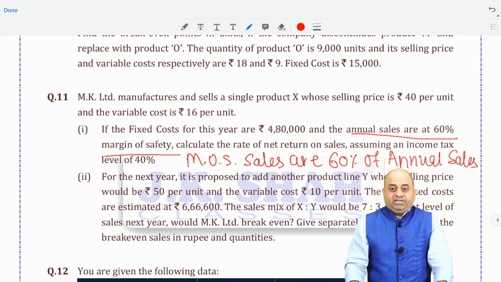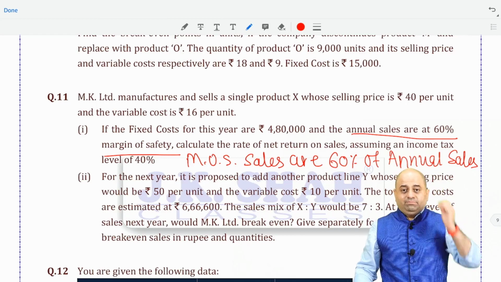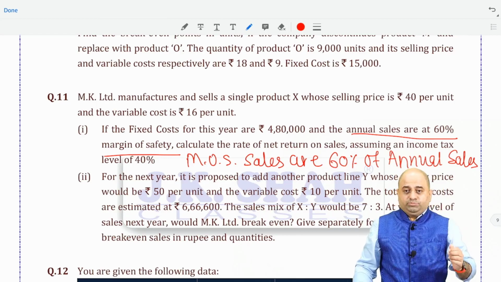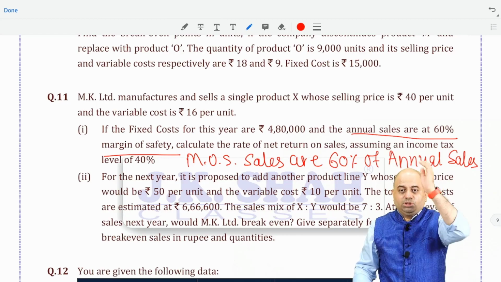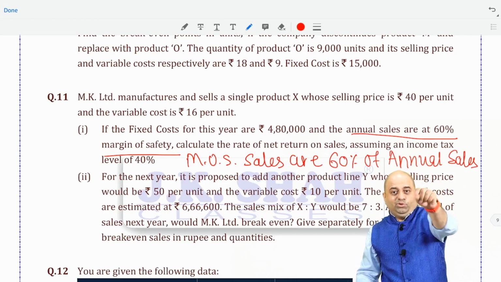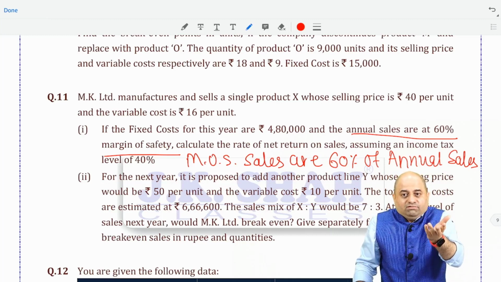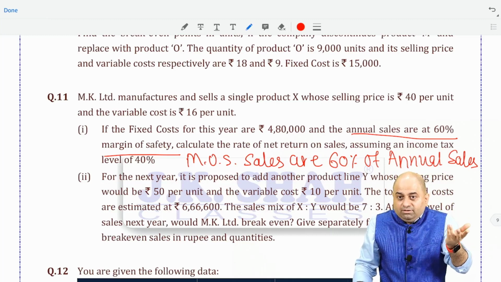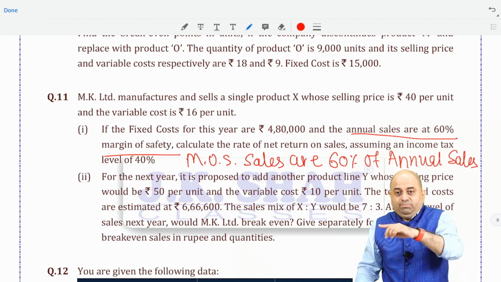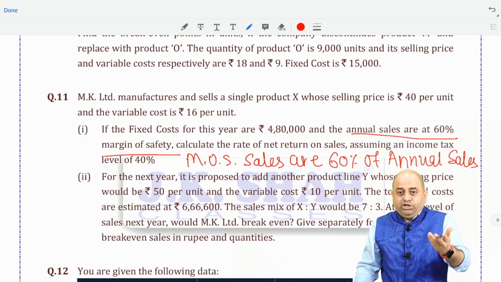So a pretty simple way to solve this. You are given selling price per unit, you are given variable cost per unit, you can certainly calculate contribution per unit. You are given fixed cost, you divide that fixed cost by contribution per unit, you will get break-even point in units. Multiply that with selling price, you will get break-even point in rupees.